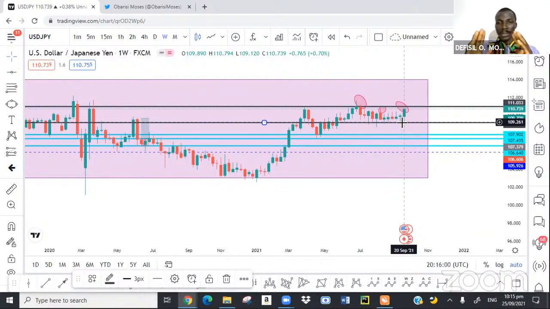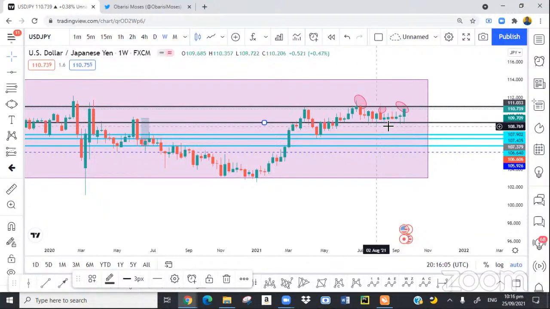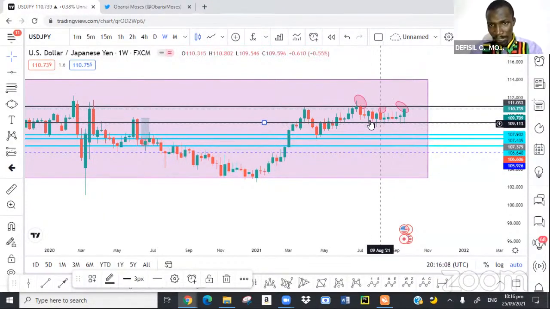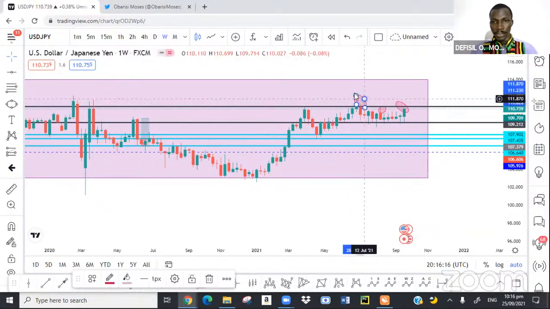Now, okay, let's leave the bigger range. Now let's come to the smaller range. Coming to the smaller range, we'll see that this market has met this higher area once. Let me move my ellipse a little.